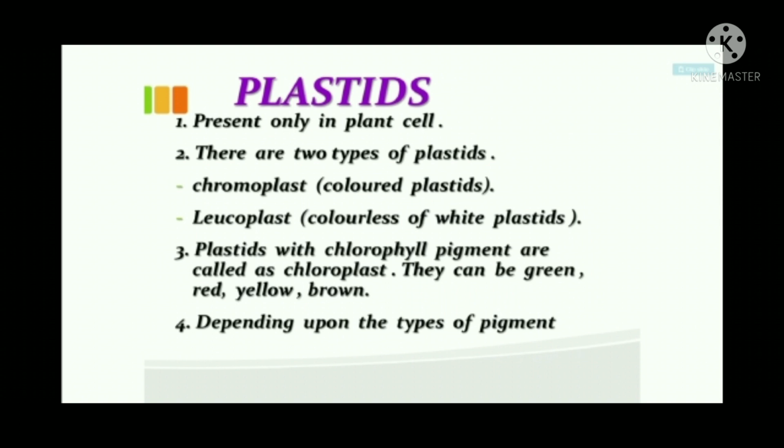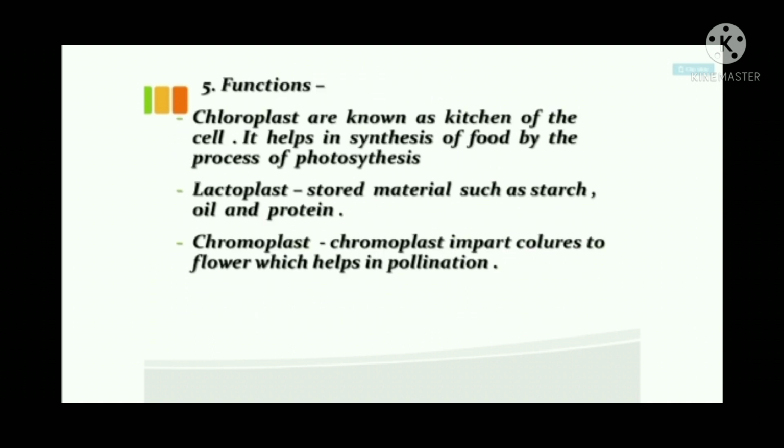Chloroplasts are known as the kitchen of the cell. They help in the synthesis of food by the process of photosynthesis. Leucoplasts store material such as starch, oil and protein. Chromoplasts impart colors to flowers which helps in pollination.